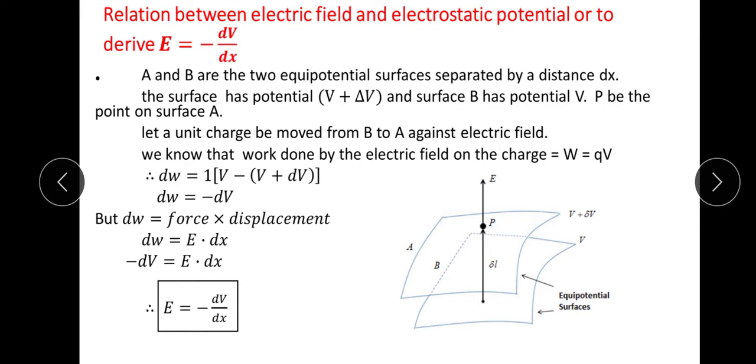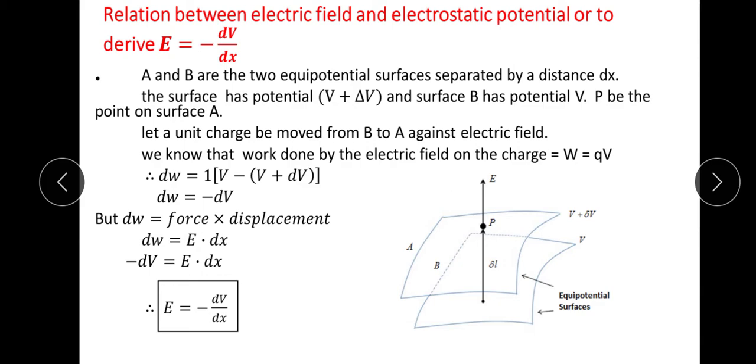So I have a unit positive charge, and that unit positive charge is moved from A to B against this electric field. So we know that to move any charge against the electric field, work has to be done.